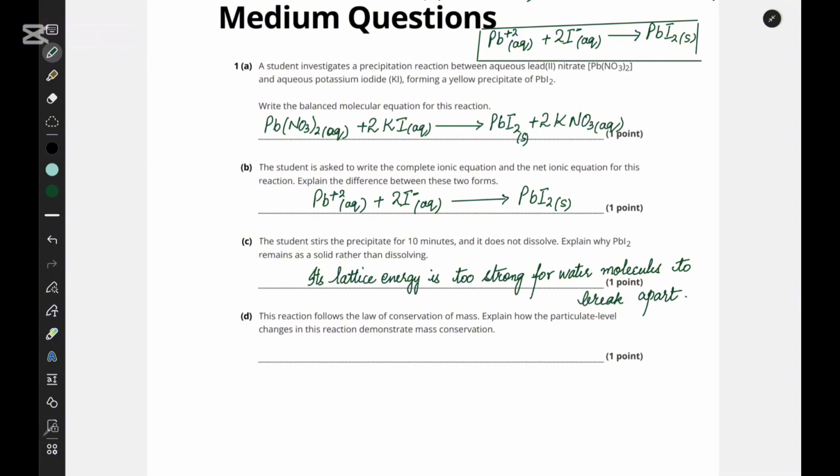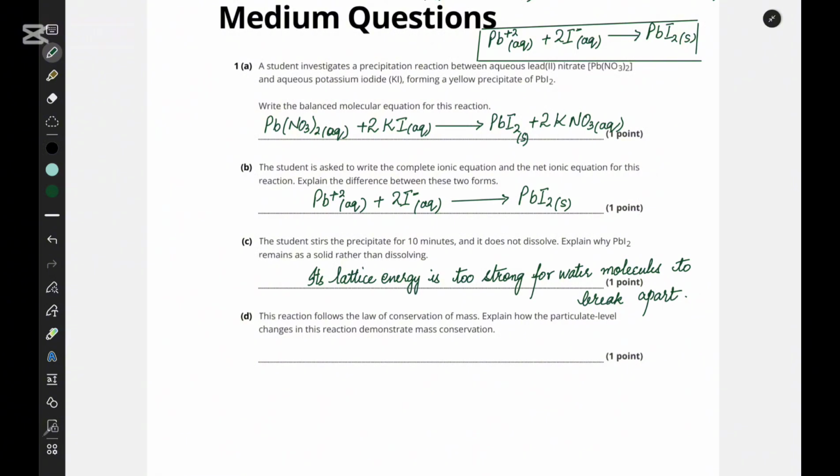This reaction follows the law of conservation of mass. Explain how the particulate level changes in this reaction demonstrate mass conservation. The law of conservation of mass states that the mass remains the same before and after the reaction.